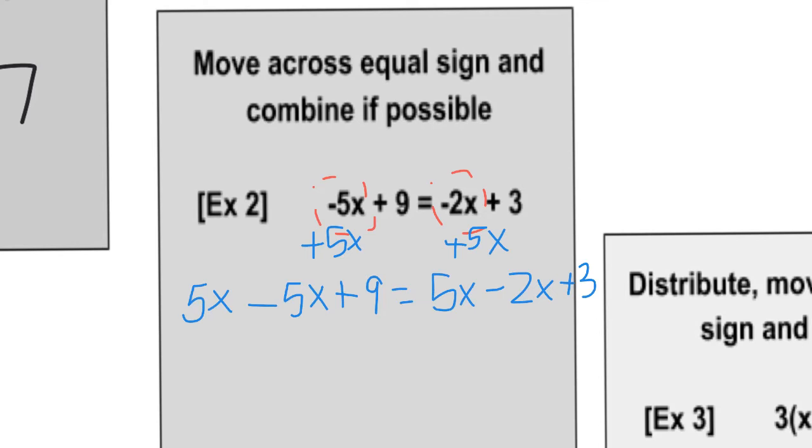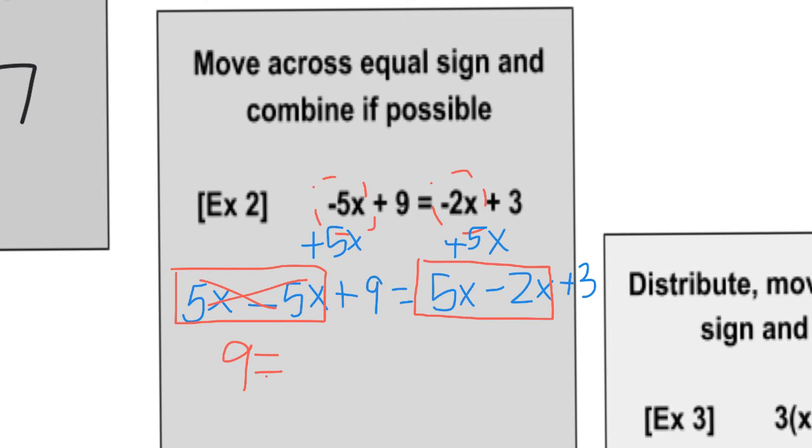We know if we combine like terms on the left-hand side, 5x minus 5x cancels out, and it just leaves that 9 on the left-hand side. And then on the right-hand side, 5x minus 2x is going to be 3x, and then I would have plus 3.